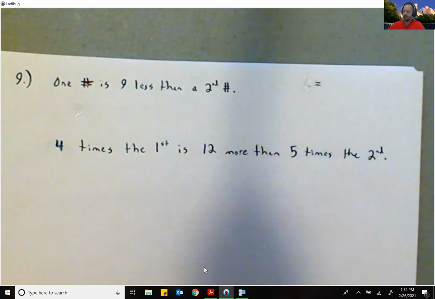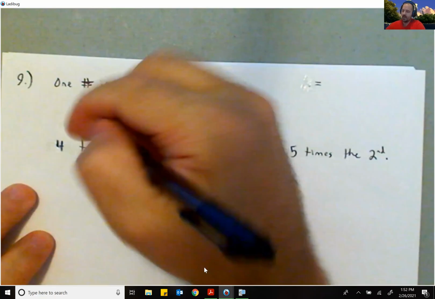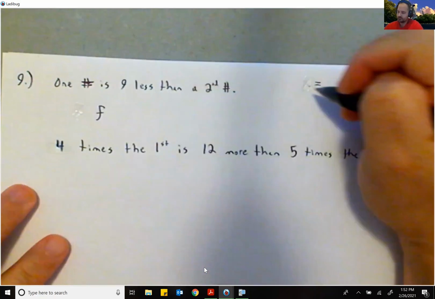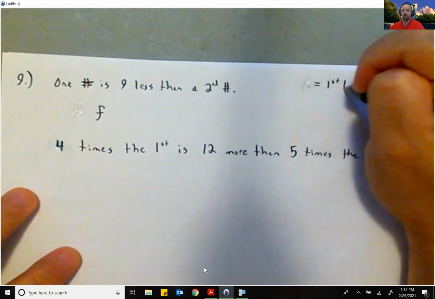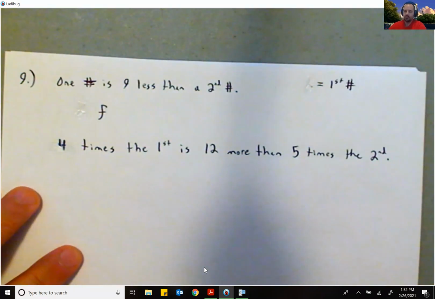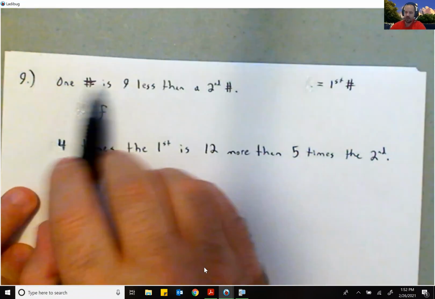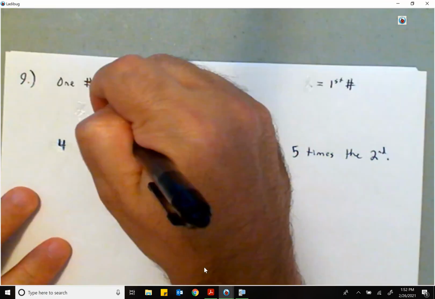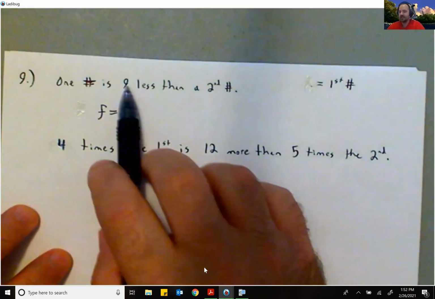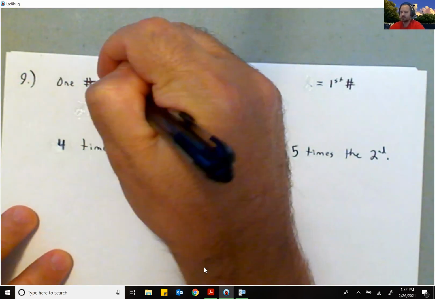All right. I like F. And I was writing up here, F is all about our first number. Okay, so F, I like that. What is the is part? An equal sign. Equals. Now over here, I'm going to circle that. That's an equals for us.